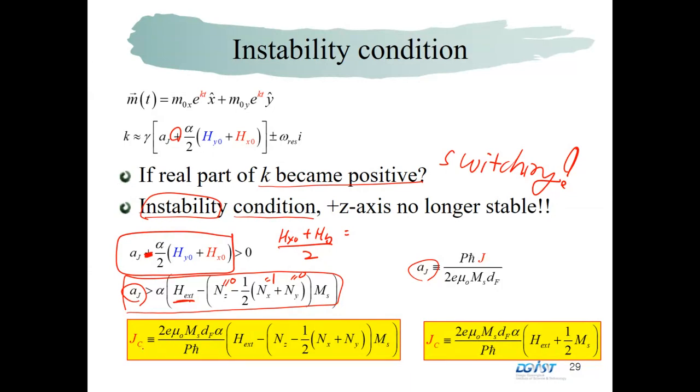Then the condition of the critical switching field, switching current, is given by this form, or with n_x is 1 case, it turns out to this form.